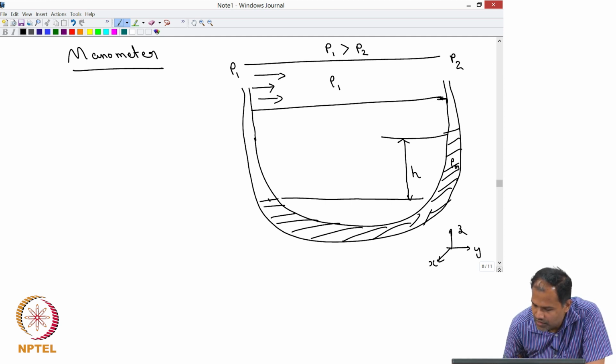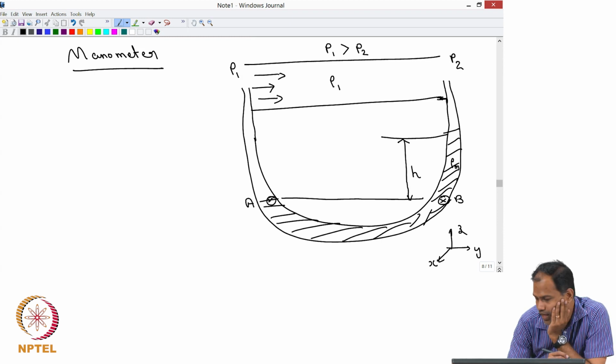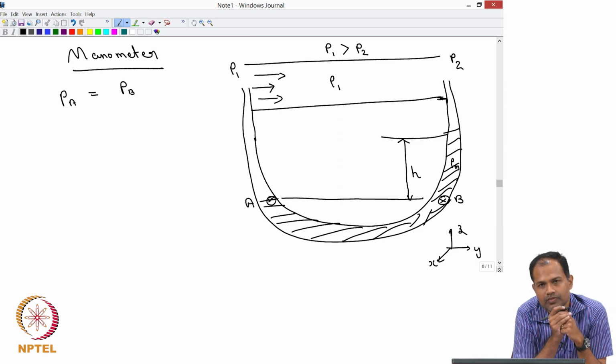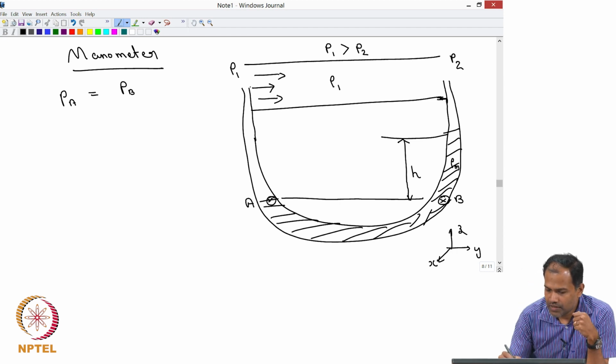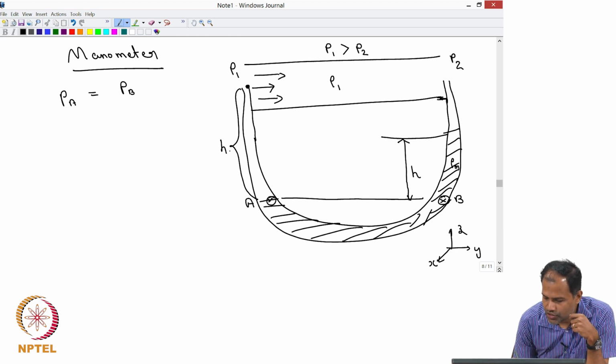So, if I mark this point as A and a similar point here at the same elevation as B, then pressure cannot change between A and B. That means P A is equal to P B. But I also know that I can write the pressure at A as the pressure at this point, which is P 1, plus the pressure that is going to come from this height. Let us call that height H 1.